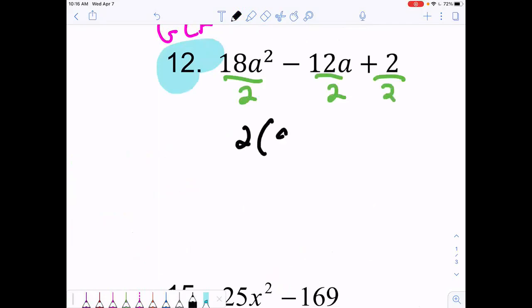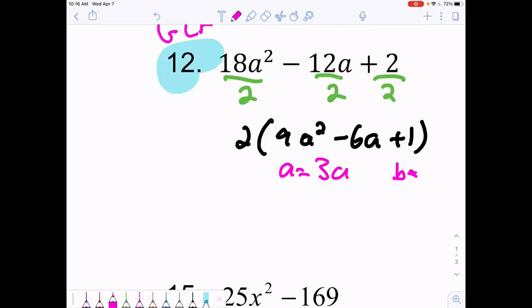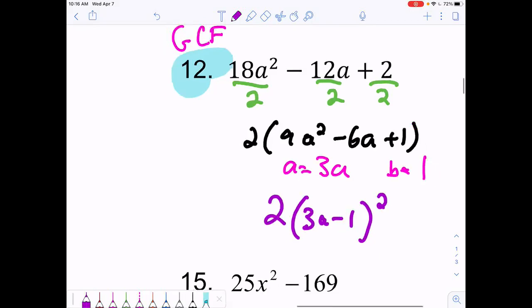When we take the 2 out, we have 9a squared minus 6a plus 1. Jason, what's your A, what's your B? Got it, 3a and 1. This is the new case, so it's going to be squared. It's going to be plus or minus. Minus, good. Don't forget the 2. That's it. That's how quick these should start being for you.